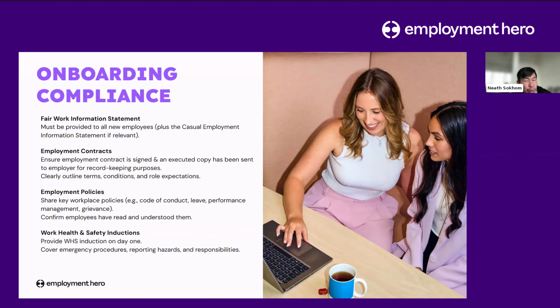And this typically includes, but is not limited to, policies on discrimination, equal opportunity, bullying, harassment, grievance procedure, and so forth. Setting clear expectations around these matters from day one is vital for creating a respectful, lawful workplace culture. And if an employee later breaches a policy, having evidence that they have been explicitly informed of it and trained on that policy significantly strengthens your position in any disciplinary or termination processes.